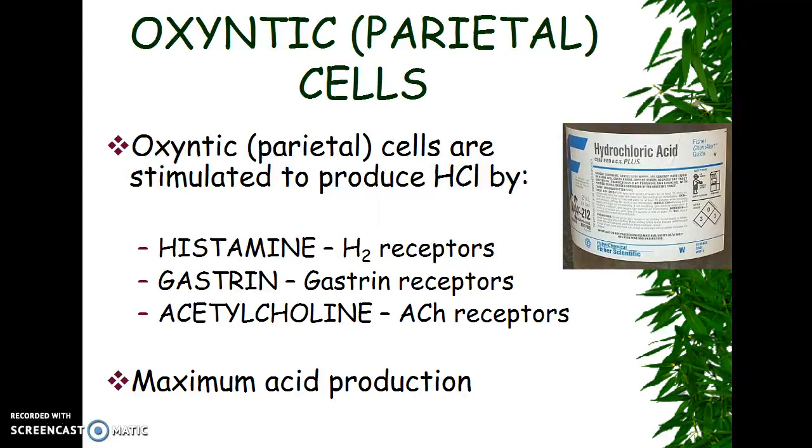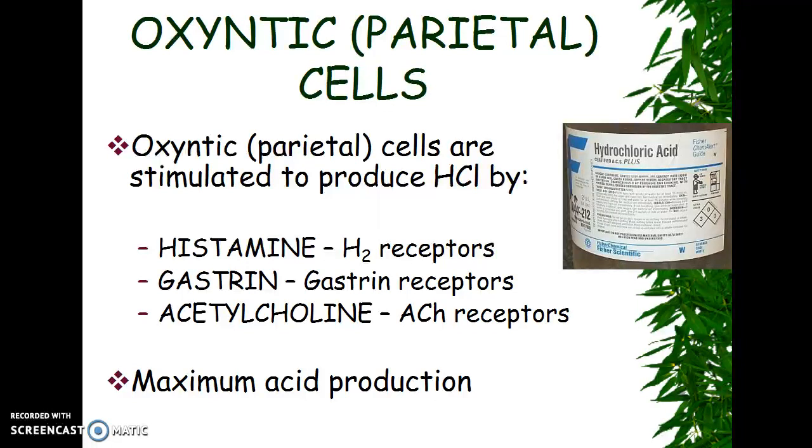So there are histamine receptors. These are a bit different than the histamine receptors that we think about in allergic reactions causing redness and swelling in an area, edema in an area. And there are gastrin receptors, and we'll talk about gastrin in a minute, and then acetylcholine.